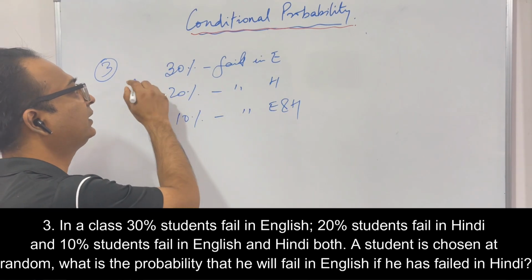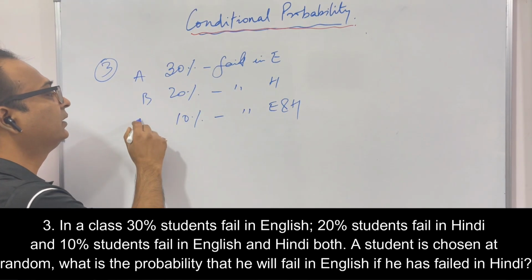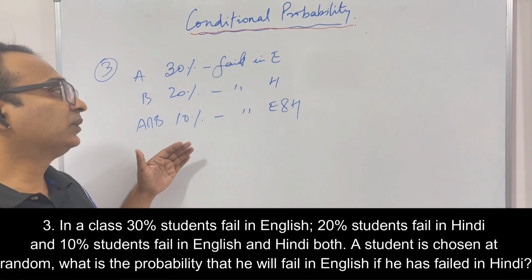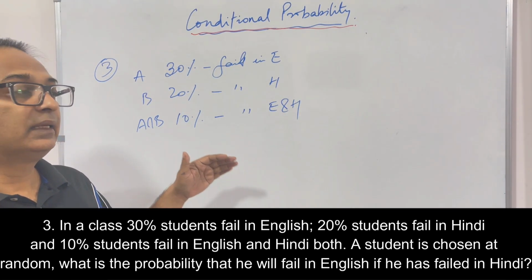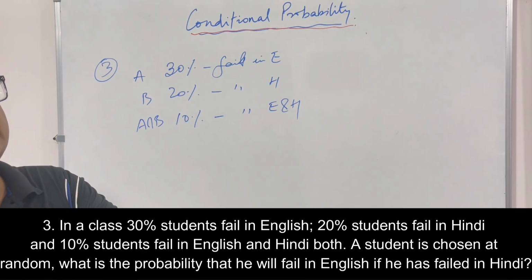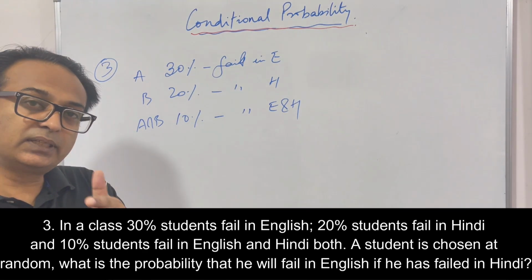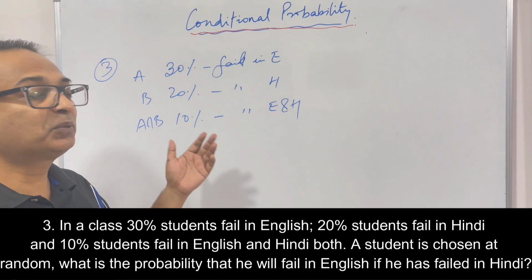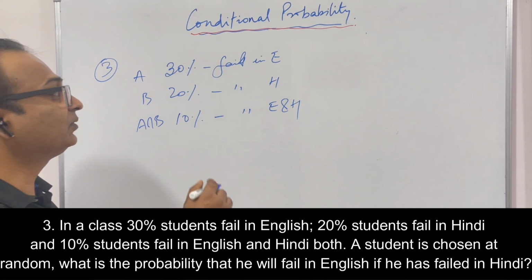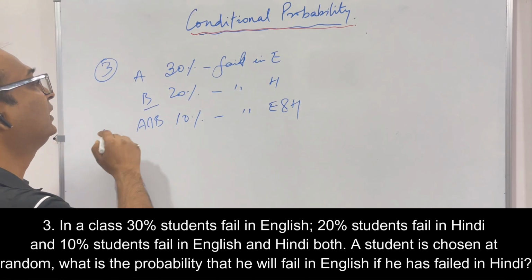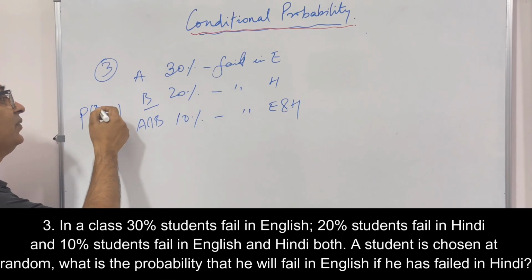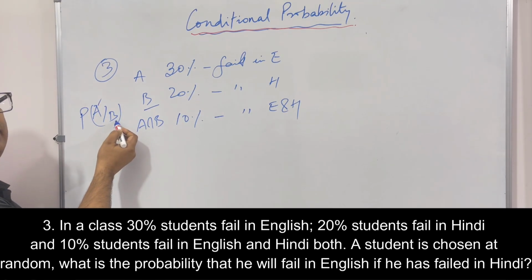So if this is set A, this is set B, then this is set A intersection B. The question is, what is the probability that a student has failed in English when he has failed in Hindi? That is, the student has already failed in Hindi. So what is the probability that he has also failed in English? So if this is B, then we have to find P(A/B), that is the probability of failing in English when he has already failed in Hindi.